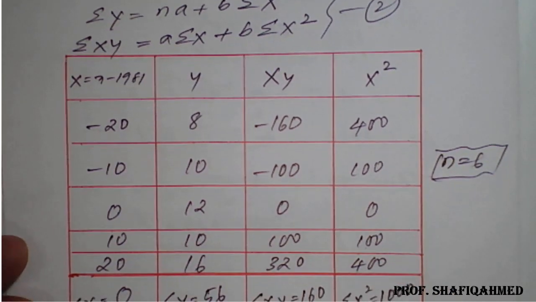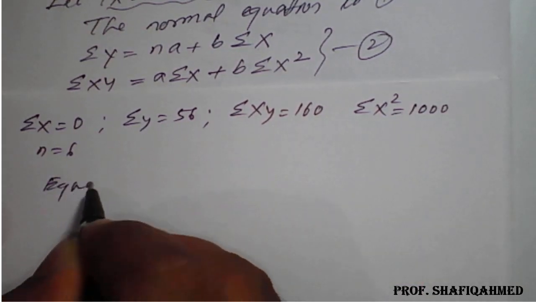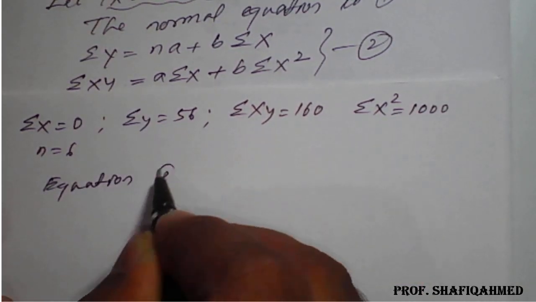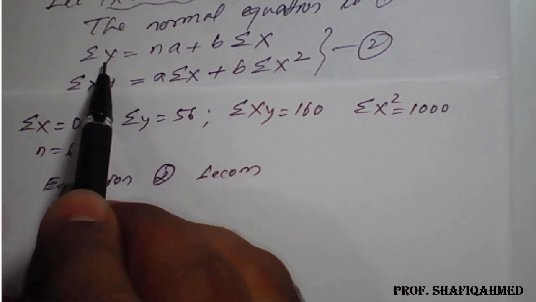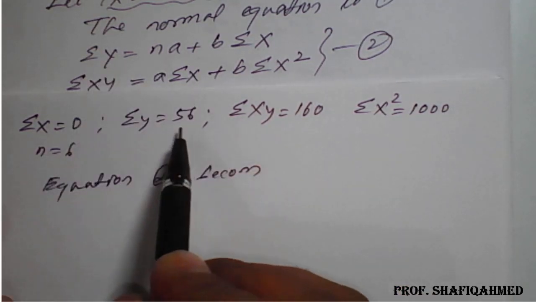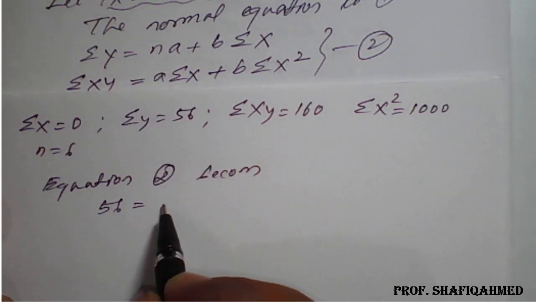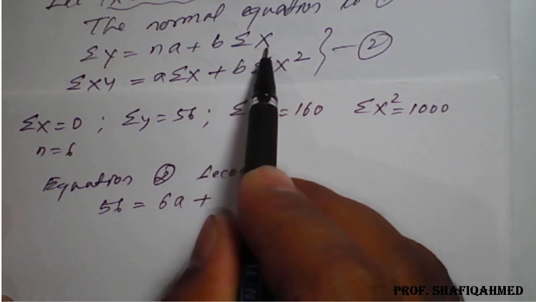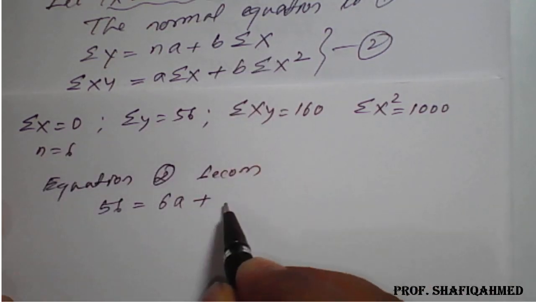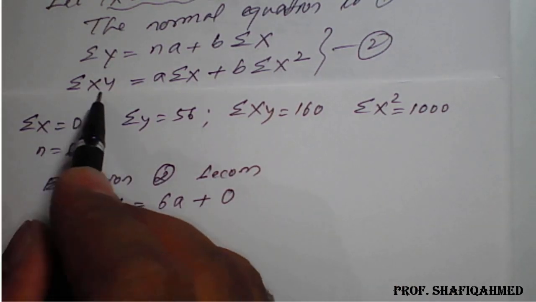So therefore our equation 2 becomes: summation of y, which is 56, is equal to n value 6, that is 6a plus b into summation of capital X, which is 0. Then next, summation of xy.